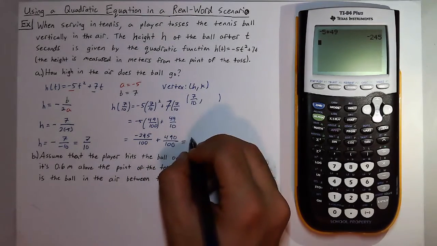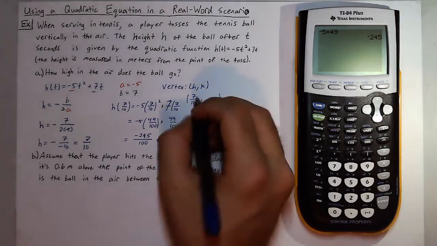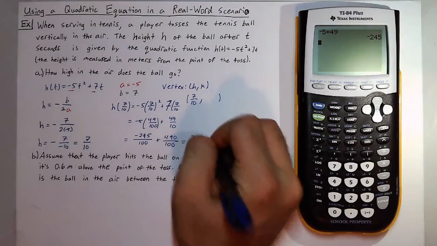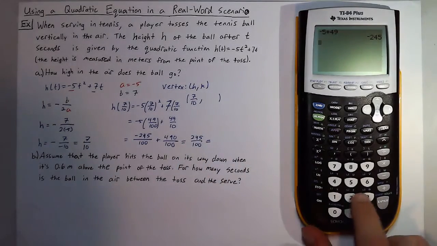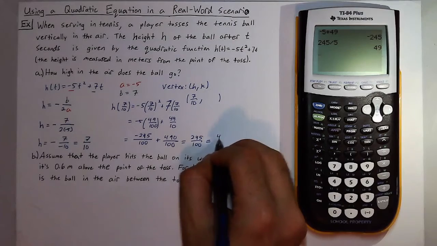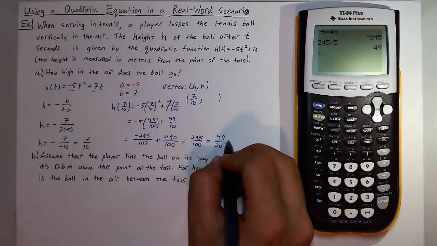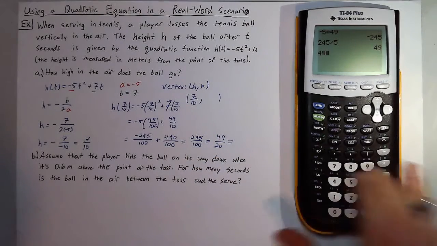Adding those together, I get 245 over 100, which can be simplified. Both the top and the bottom are divisible by 5, so 245 divided by 5 gives me 49 over 20, which is also equal to 2.45.